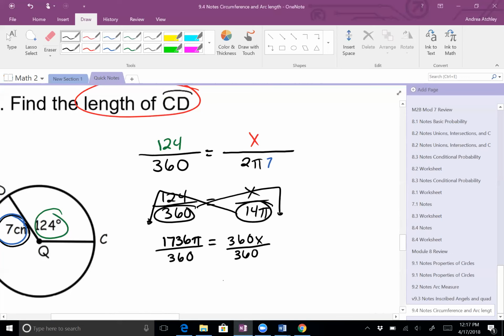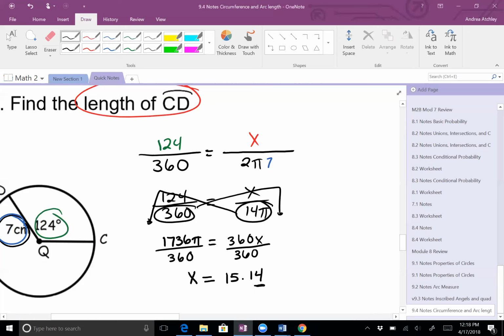I'm going to plug that into my calculator. Do 1,736 times pi divided by 360. And I get x equals 15.14. Does the 4 make the 1 move up?